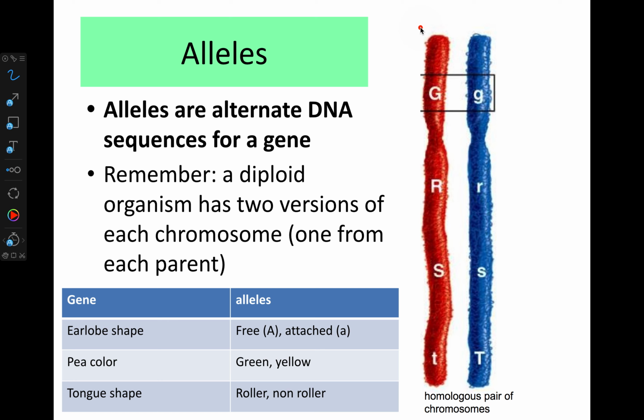So you're getting the brown from mom and the blue from dad, and you will have a capital G because that will override as the dominant gene. But you still have these two alleles in your body, and this happens for every single gene.